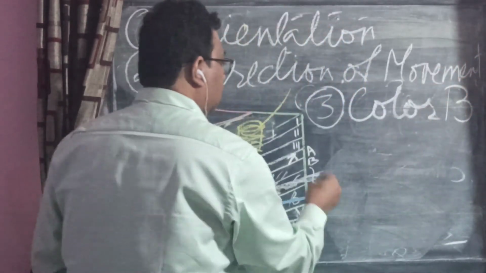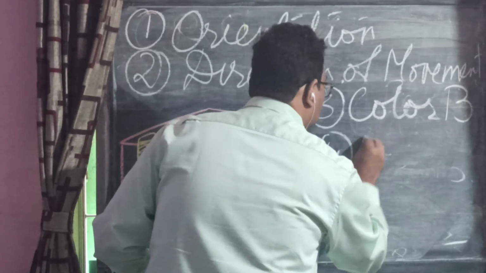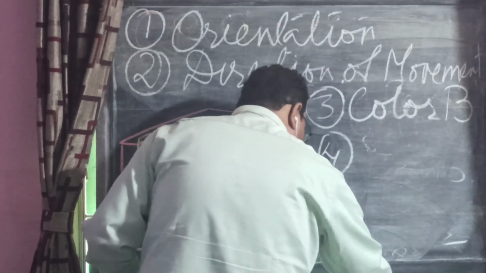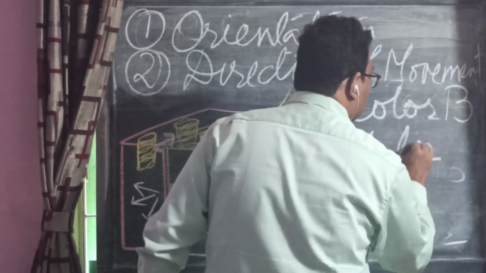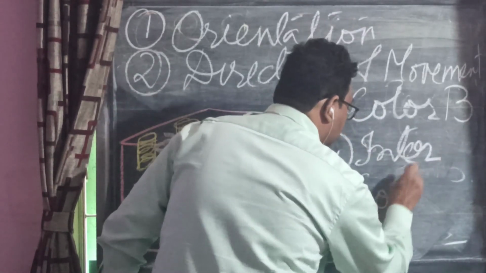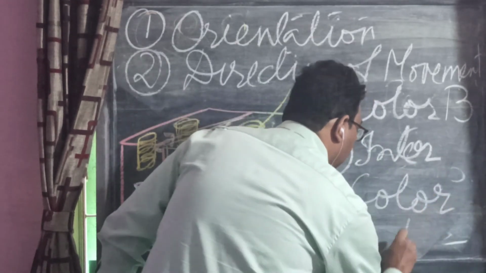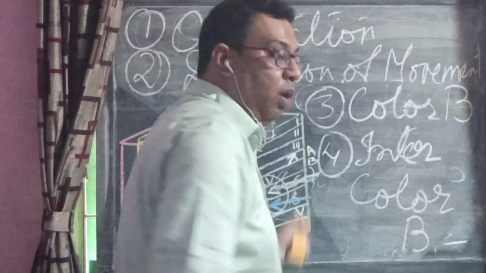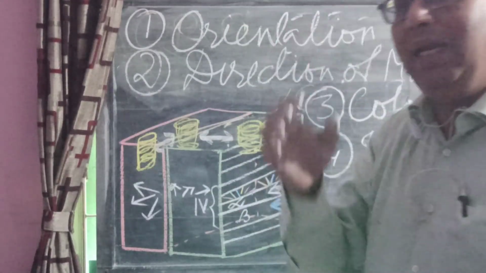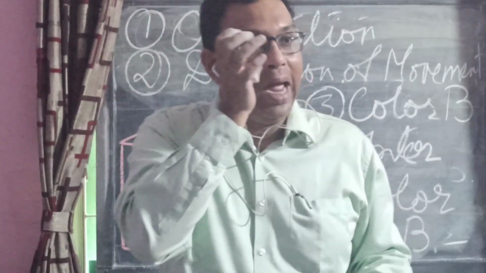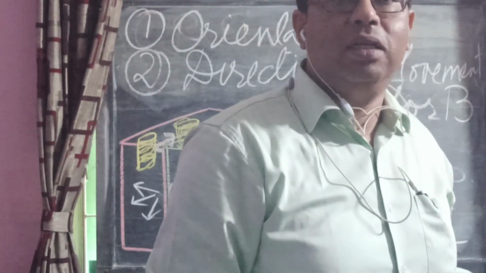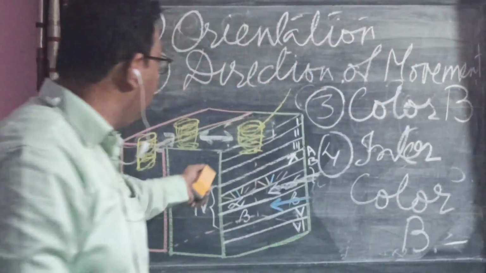Color block, intercolor block. What will the intercolor block do? That is the area between the color blocks. They will be processing forms, and the acuity of vision is defined by the area in the intercolor.